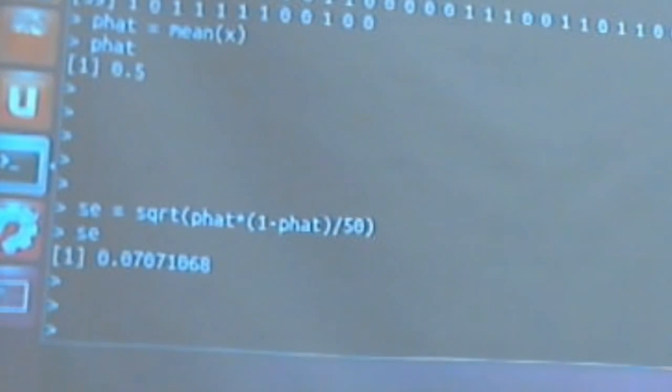And now you can see how to build it. The upper bound will be, let's just do 95%, and the lower bound will be, here's LB.